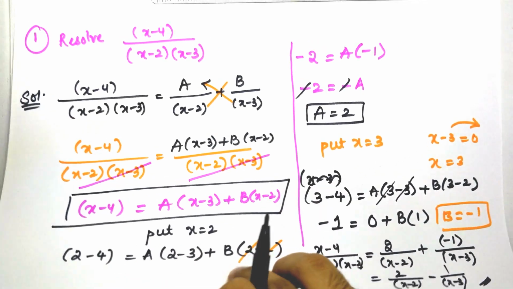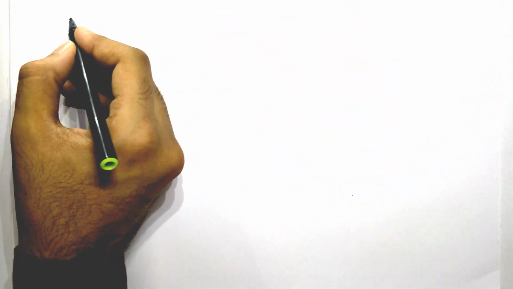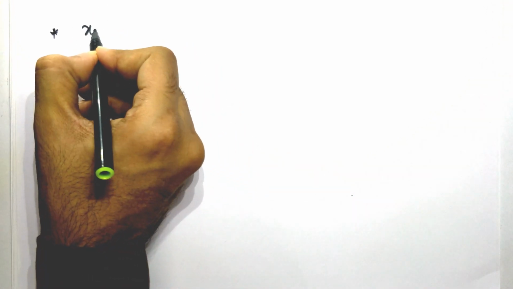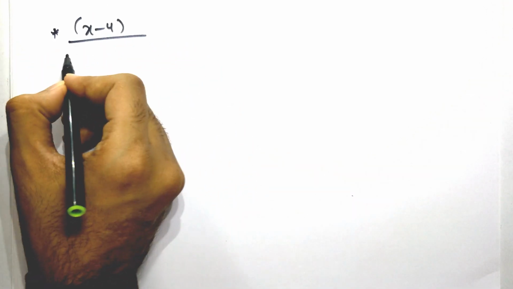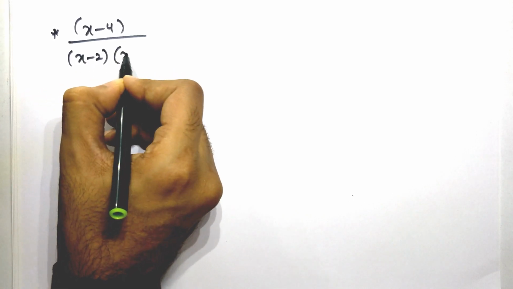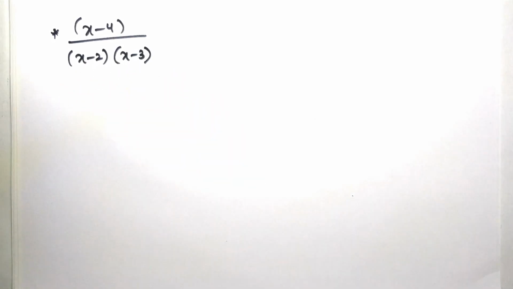So the shortcut method by using which you can solve the question in a few seconds is, the question was x minus 4 by x minus 2 into x minus 3. Listen carefully. The name of the technique is hide and seek.